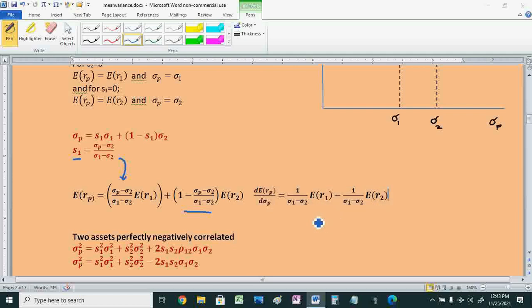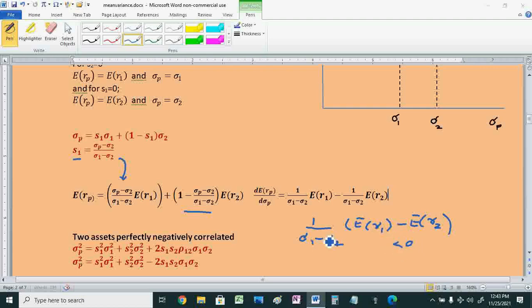And if I take 1 over sigma 1 minus sigma 2 common, then in the bracket I will be getting E of R1 minus E of R2. And now see that the term in this bracket is going to be less than 0, because ER2 is greater than ER1, as we have assumed earlier. So this is negative or less than 0.